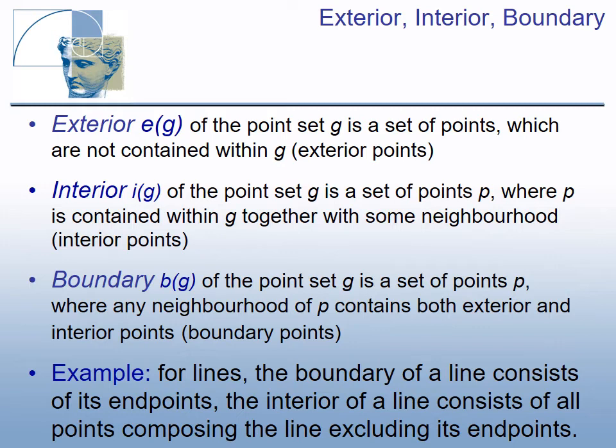Boundary of the point set G is a set of points P where any neighborhood of P contains both exterior and interior points. For example, for lines, the boundary of a line consists of its endpoints. The interior of a line consists of all points composing the line excluding its endpoints.